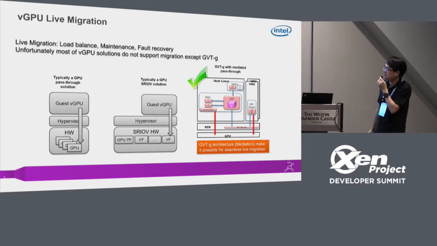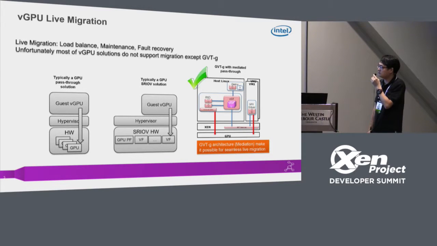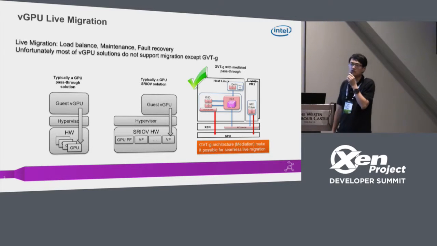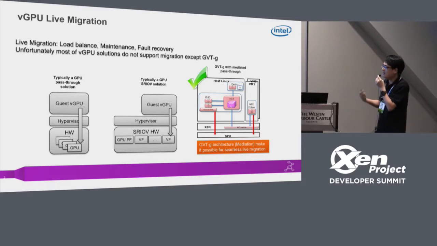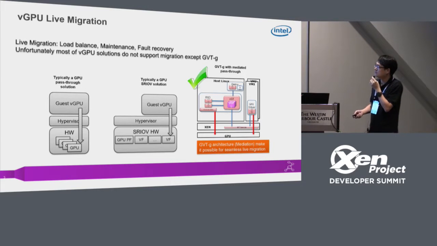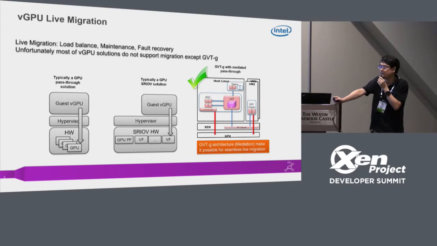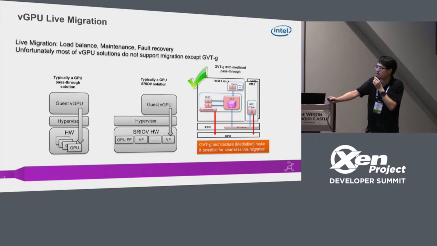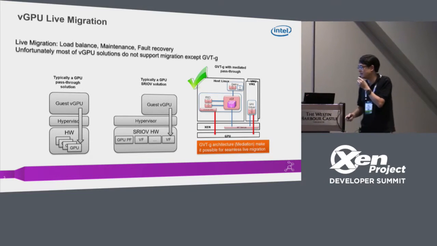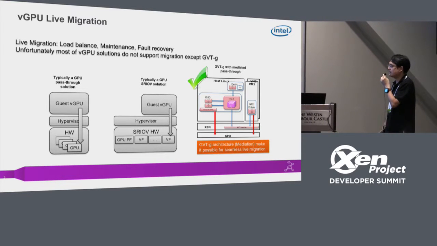In this case, the vGPU instance, the hypervisor layer, or the management tools are not able to know the details of the current GPU state. So this is very difficult to migrate. For example, if there is a register which is write-only and cannot be read, we cannot get this register information by reading back the registers. So you don't know the detailed current state of these registers, and you are not able to migrate to a target site.